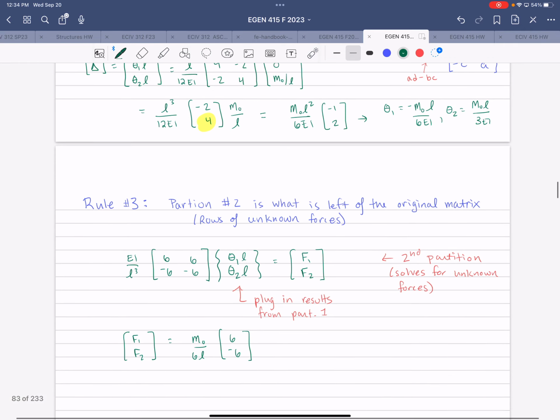All right, so I want to point out too, when you're plugging in the results from the first partition, make sure that you're plugging in the theta 1 times L and theta 2 times L values, right? So don't plug these values in, plug this in.